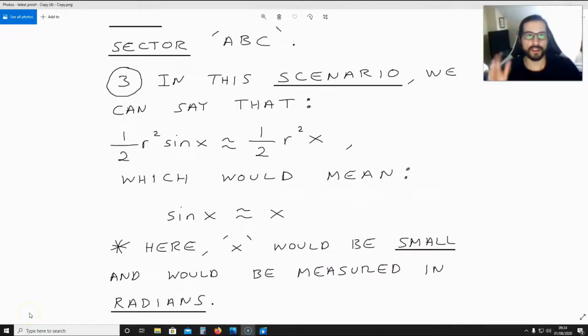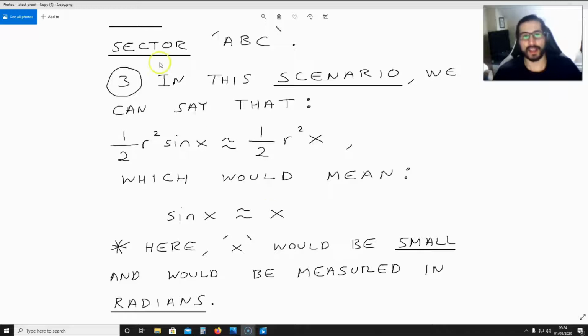So moving on to 3, in this scenario, the one that I've just described, we can say that half r squared multiplied by sine x is approximately equal to half r squared multiplied by x. And this would mean that sine x would be approximately equal to x.